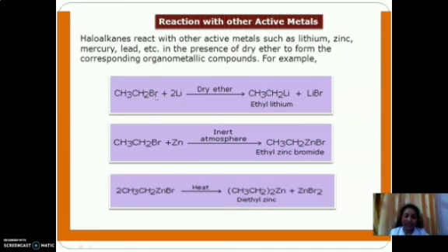So elimination is also occurring here; both elimination and substitution reactions will occur. Similarly, zinc is also an active metal. Here you can see the product, zinc also attached to this compound. Here the ZnBr is there. Similarly, if a metal directly attaches to haloalkane, we will get different compounds.